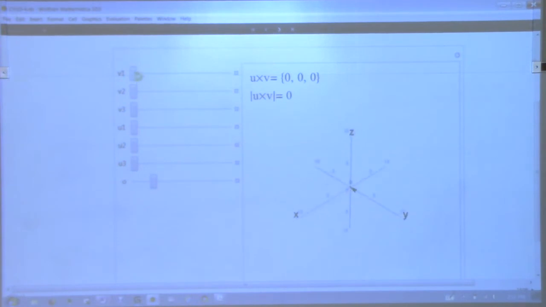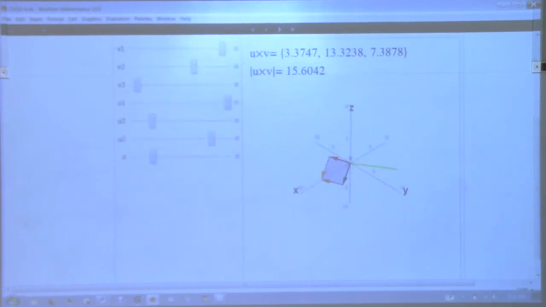Okay, so if I take two vectors, let me make this longer. That'll work. All right. Do you all see the red and black vector?